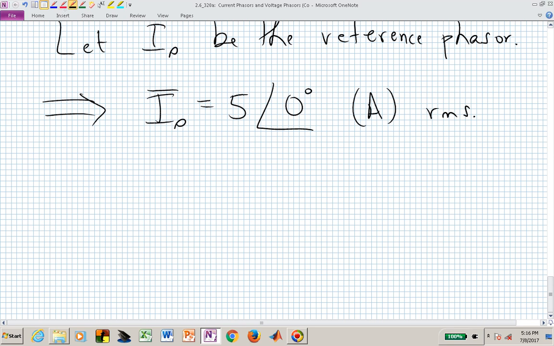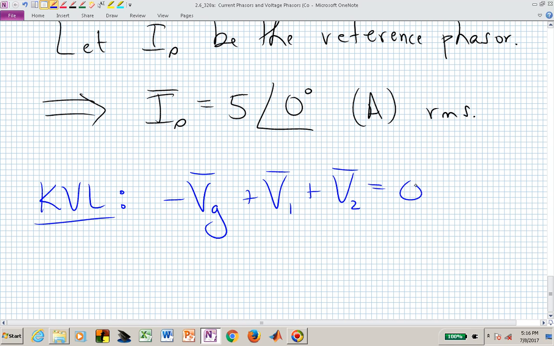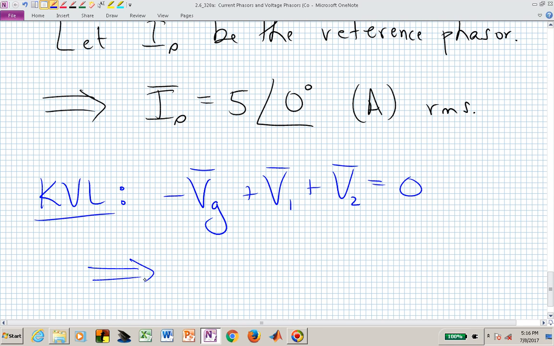I can also remind myself that I have a series circuit and KVL still works in that case. I now know that minus V sub G plus V1 plus V sub 2 is equal to 0. Or, I now know that V sub 1 is V sub G vectorially minus V sub 2.